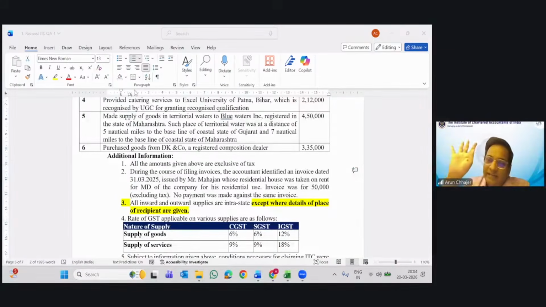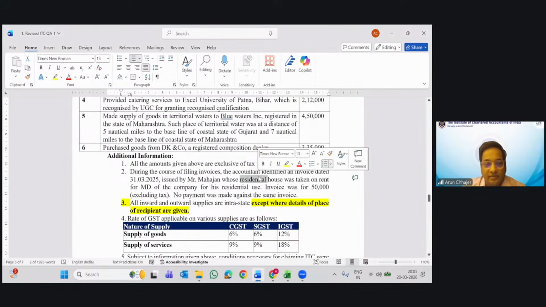Is there any tax liability on Galaxy because of this? Think and tell me, the residential house given to the MD of the company.